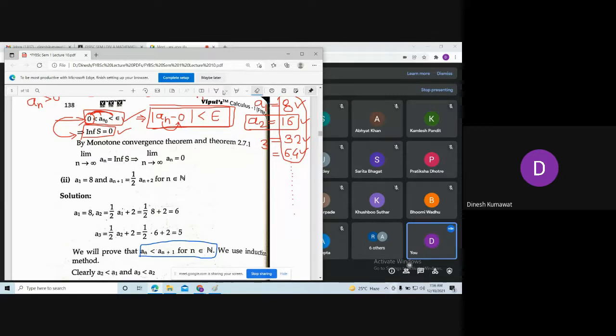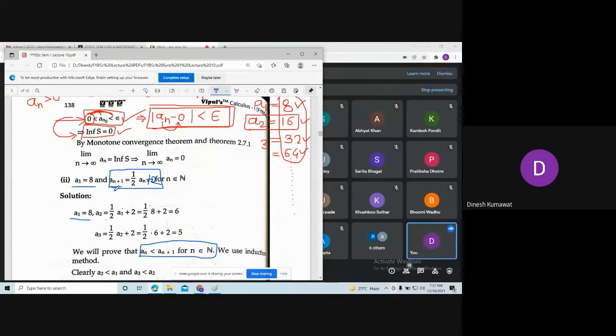Okay, this is nothing but a_{n+1} is equal to 1 upon 2 times a_n plus 2. Okay, this 2 is not in the suffix. So it is given that a1 is 8. Now if you calculate a2, then you just put n is equal to 1 in this formula, or you can say in this sequence.